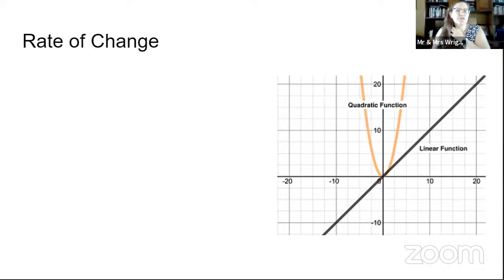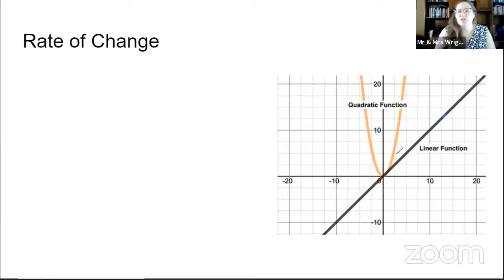And so the linear function is here in black for us. And a linear function has, remember, what we call a constant rate of change. So you can choose any 2 points on this line. Doesn't matter which two. You can choose point 4 and 5, point 4 and 1, point 2 and 3, point 2 and 4.